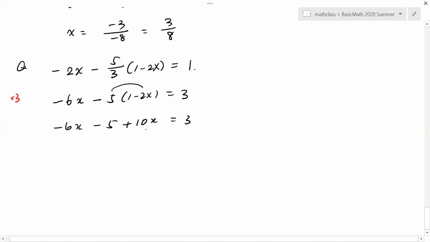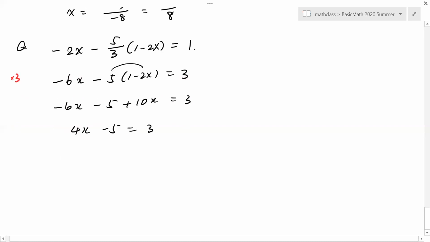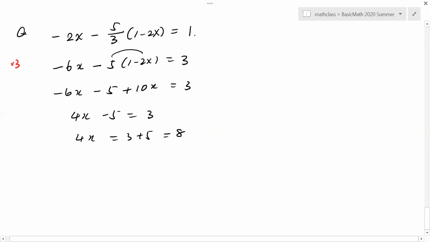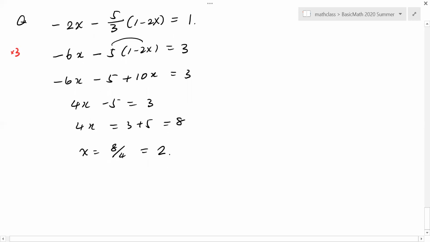Then you simplify, 10x minus 6x is 4x. Then you add the 5 to both sides. You just move 5 to the right hand side, get 8. Now it's clearly x should be equal to 2. Awesome, you get negative 2. Okay, where's negative from? Check your work.